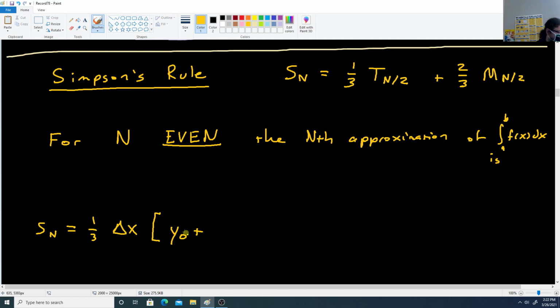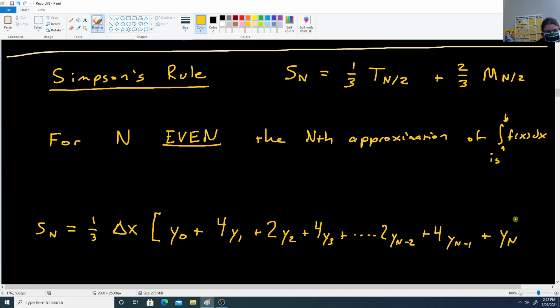For Simpson's rule, y0 is by itself. You get a 4 for y1, then it's a 2 for y2, then it's a 4 for y3, and it continues on being 4, 2, 4, 2, 4. Eventually, you get a 2 for yn minus 2, plus a 4 for yn minus 1, plus, and then you get to the end, and that's just yn itself.